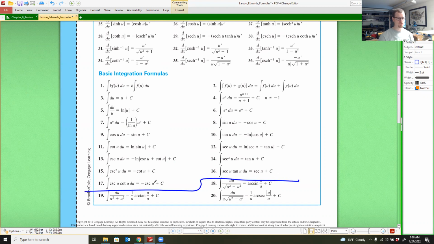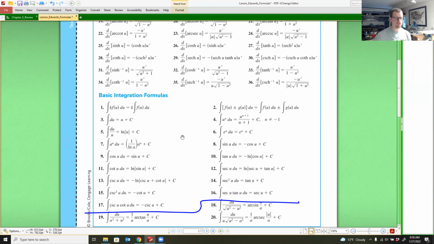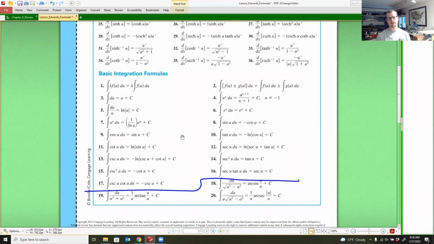So 18, 19, 20 will be added in Calc 2 in our next chapter. These are the basic integration formulas. We'll also see the idea of integrating using tables, where we have hundreds of formulas for integration. They're good to use, but we'll talk about that later.